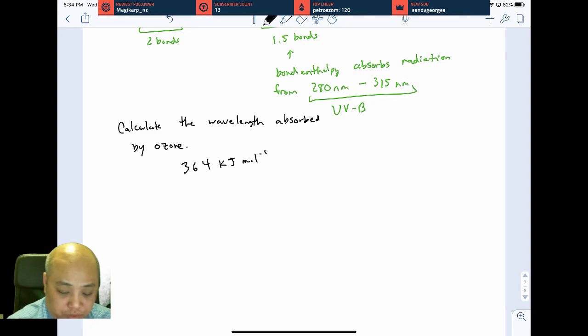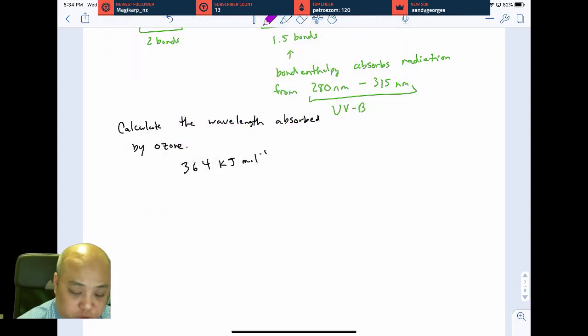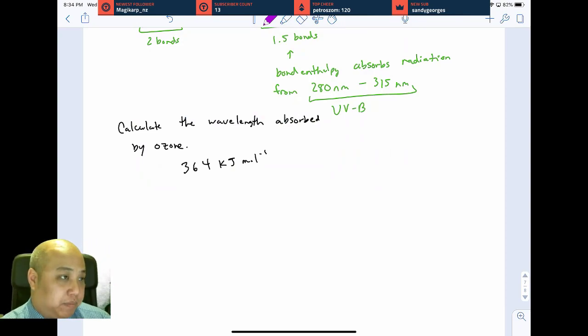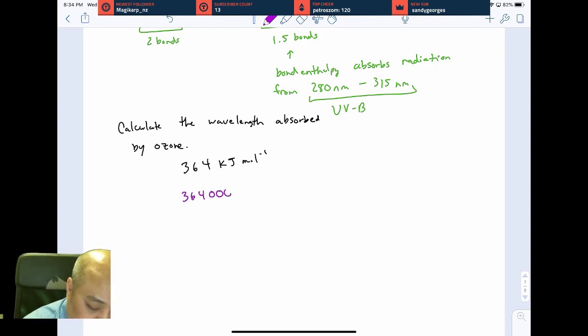Okay, so that's per mole though, and it's asking you to calculate the wavelength absorbed by ozone, and that's per one atom. So the first thing that we're gonna have to do is make this into joules per mole.